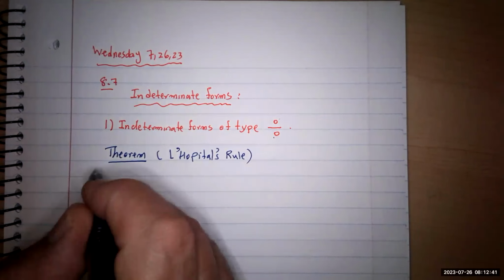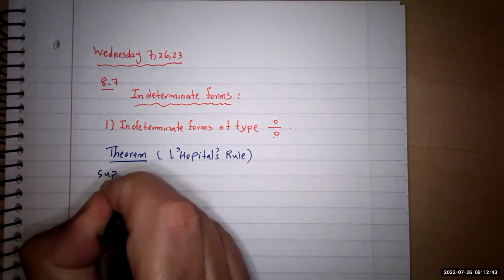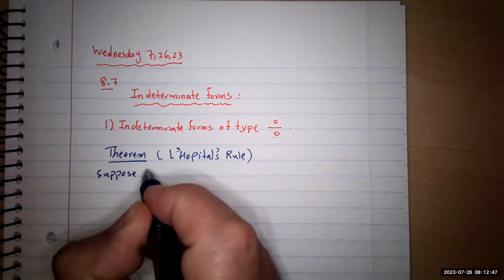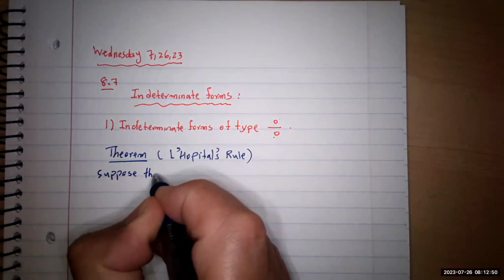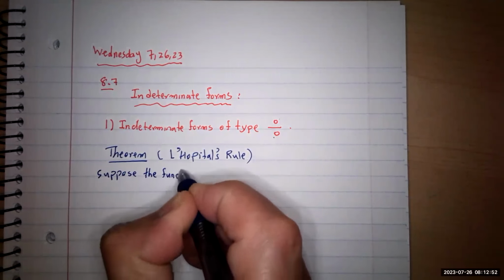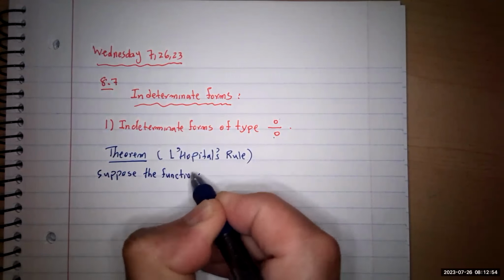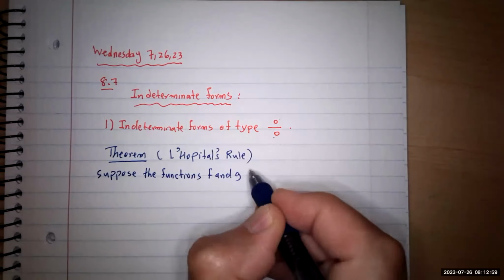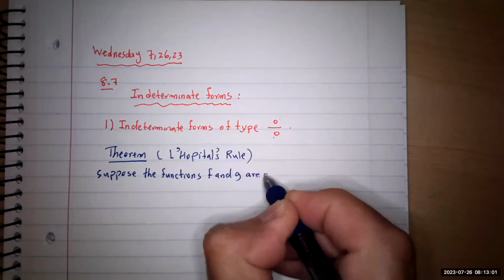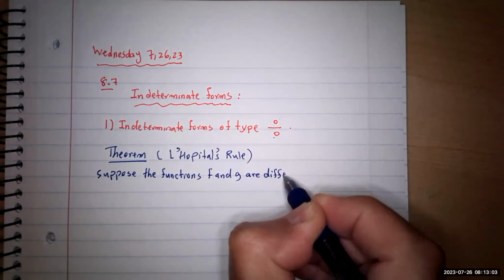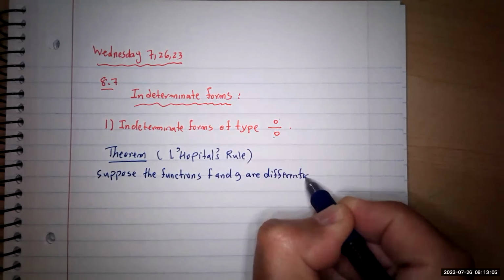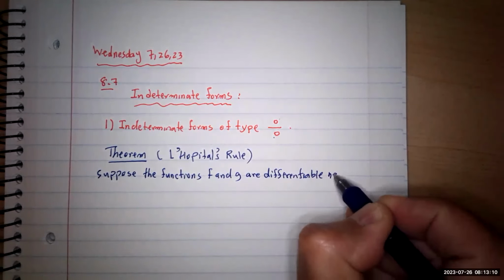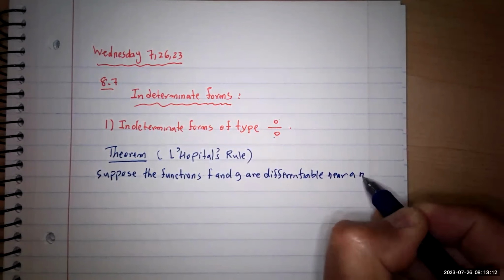Suppose we have two functions, f and g. f and g are going to be differentiable near a number a.